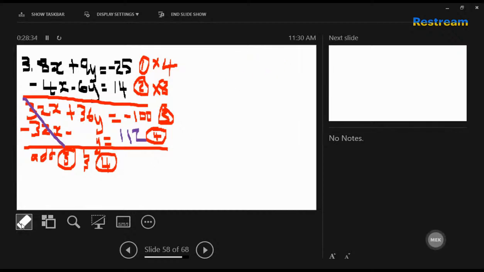All right, so we had negative 6y times 8. So what should that be? That should be negative 48. Okay. All right, and 36 minus 48. So this one here should be negative 12.